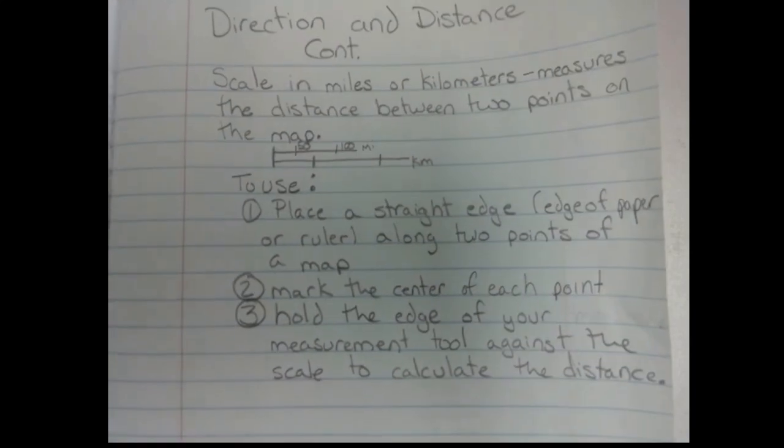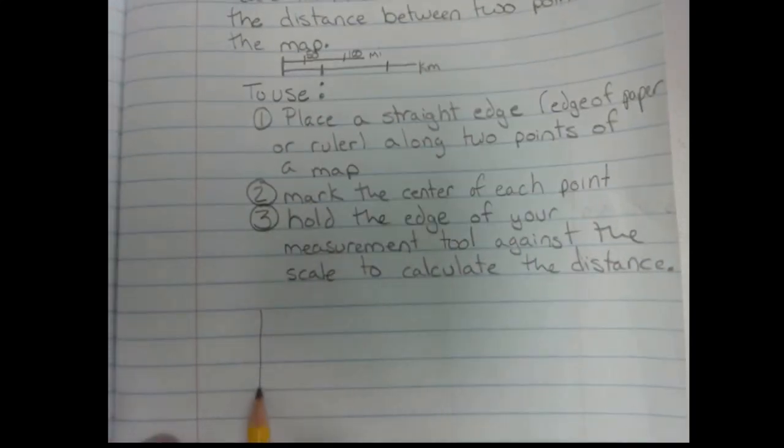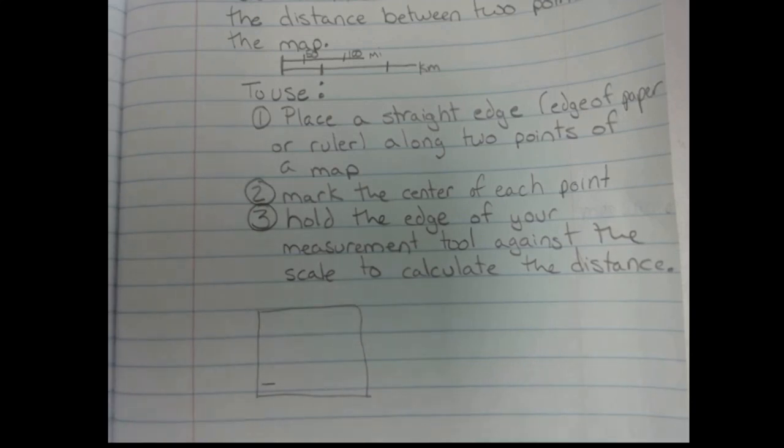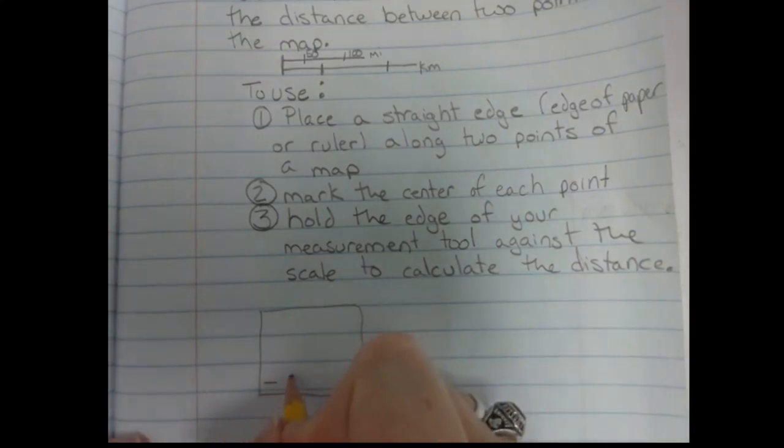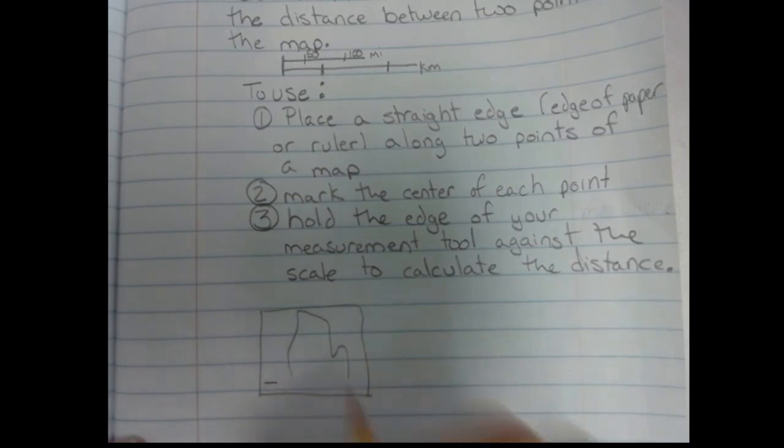Okay. So let's say I had a map and they gave me a scale at the bottom. I would take a piece of paper, a straight edge or a ruler. Okay. And let's say I'm looking at a map of Michigan. Okay.